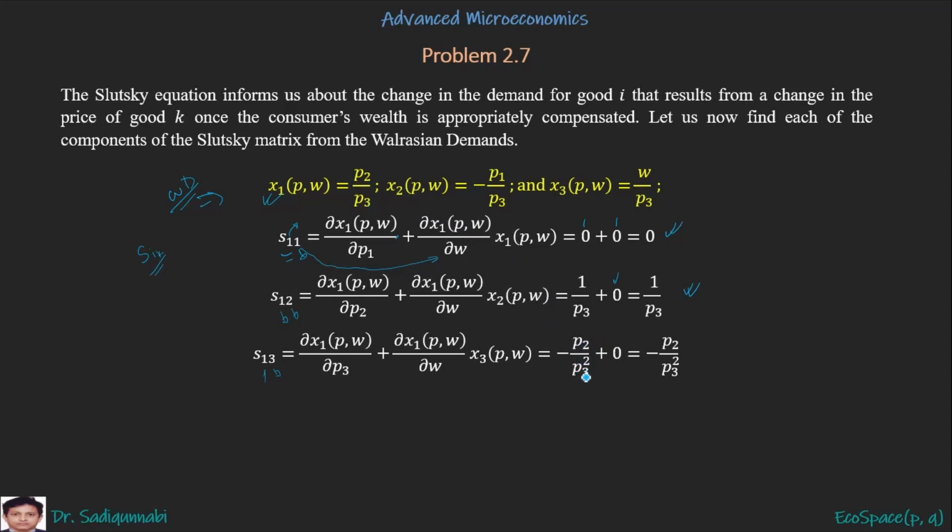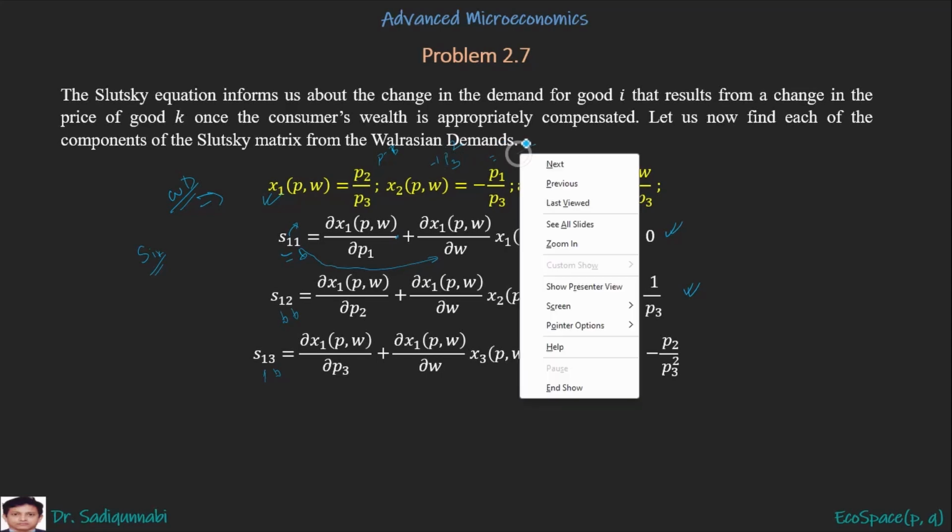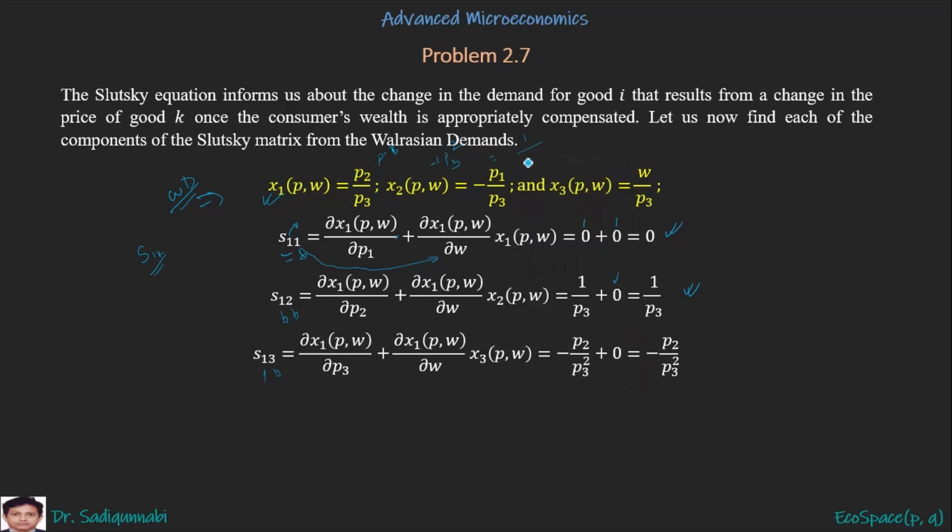If it is in the numerator, then it is p to the power minus 1, so p3 to the minus 2, so minus 1 by p3 squared, and p2 remains as a coefficient.